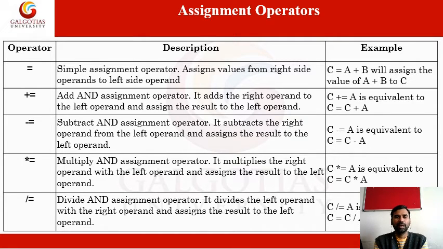This is an example, like the add and assignment operator. C plus equal A is equivalent to C equal to C plus A, and minus equal: C equal to C minus A. The multiplication operator, C star equal A, is the format C equal to C star A. Division also works like this. These are used as assignment operators in C language.